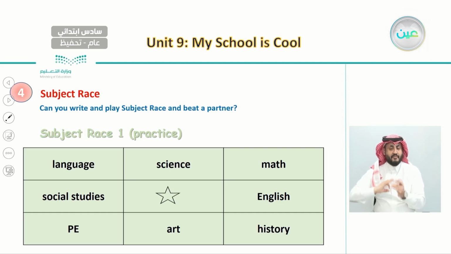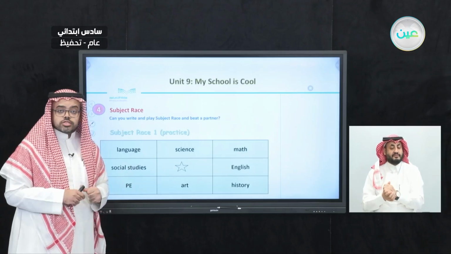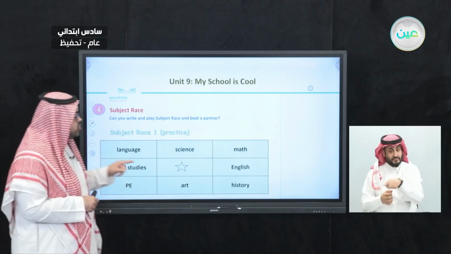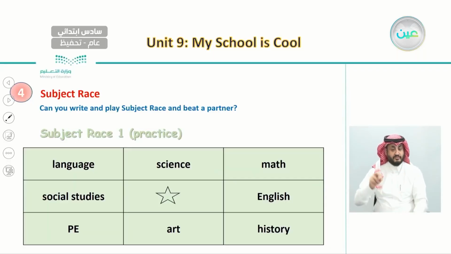This is my first sentence. Do you remember the subject I mentioned with this sentence? It is the English subject. So all you have to do is go to the word English and circle it. You can do the same with the other subjects when you listen and circle.